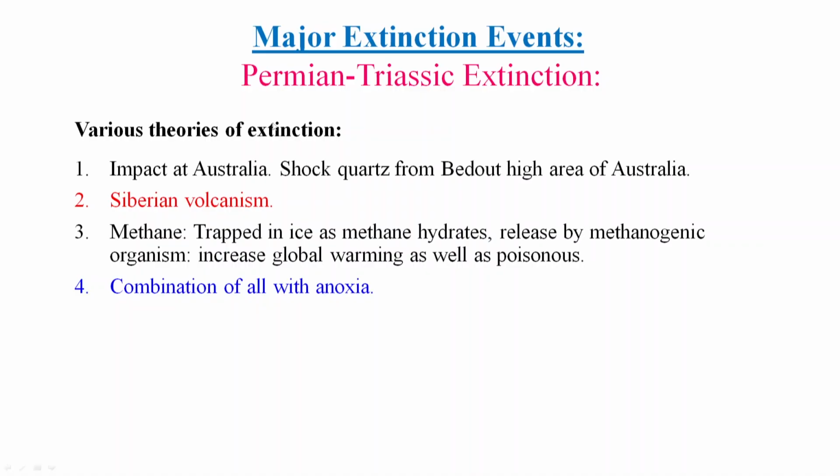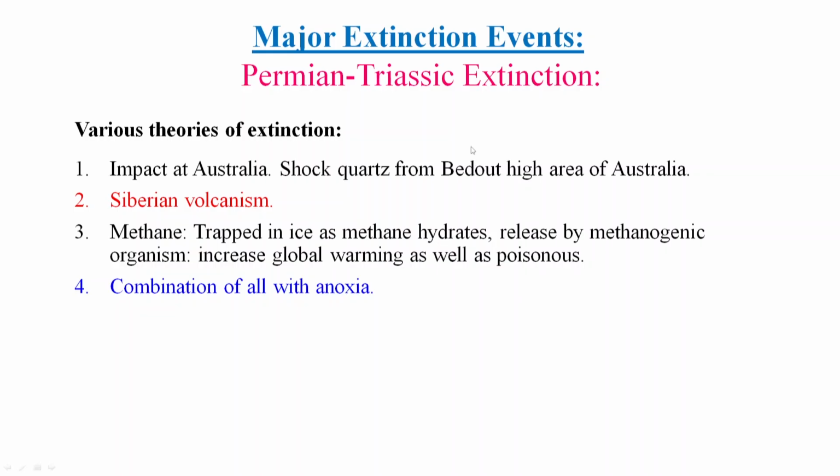So Siberian volcanism is the most accepted one, followed by methane trapped in ice as methane hydrates released by methanogenic organisms, which increased global warming, as well as being poisonous, and a combination of all these three with the anoxia event, meaning the dissolved oxygen was extremely low or got depleted in the water that we see on earth.